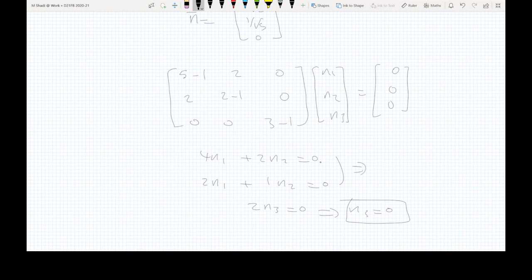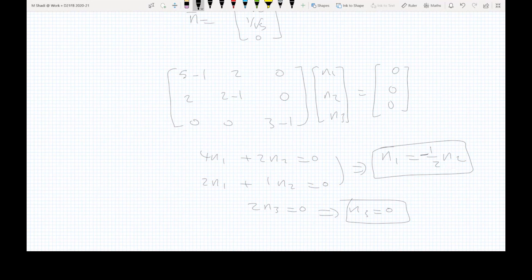Now, this will give you, choose any one of them you want, you will have n1 is equal to negative half n2. So take this one to this end and divide by 4, you get a negative half n2.